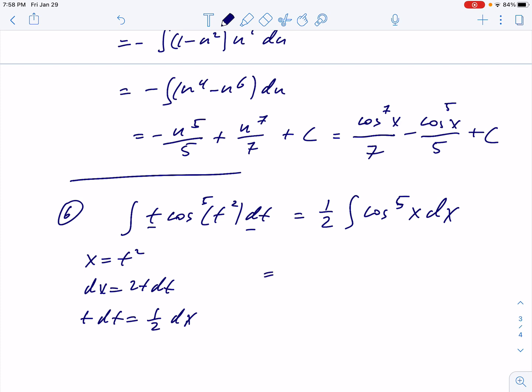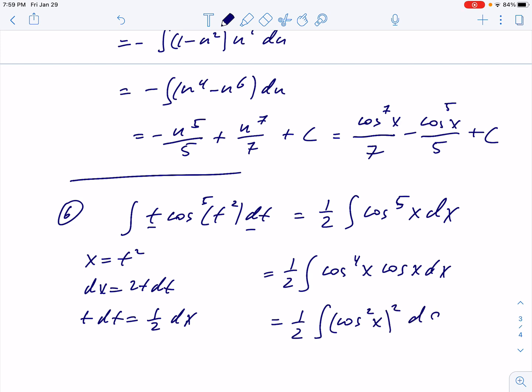So I shall write this factored: cosine 4th power x cosine x dx, and then cosine x dx will be d sine x. What about cosine 4th power? This will be written cosine squared x, squared, and here d sine x.